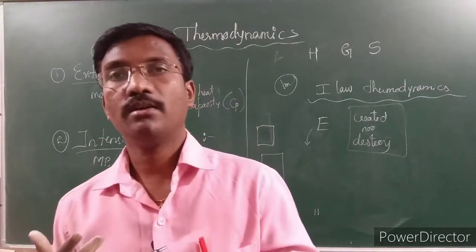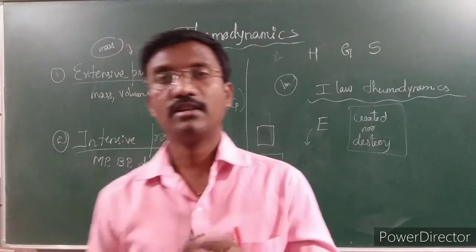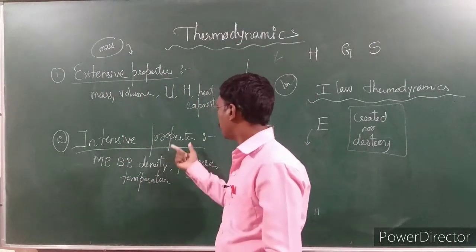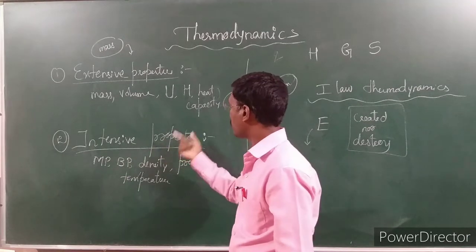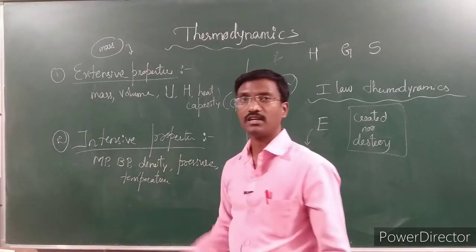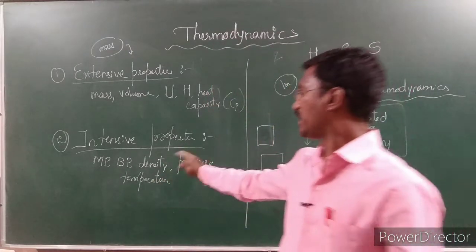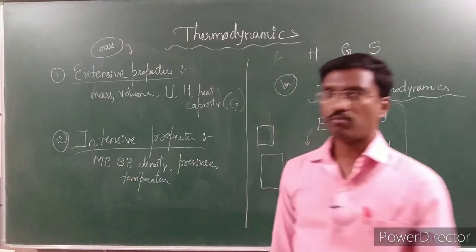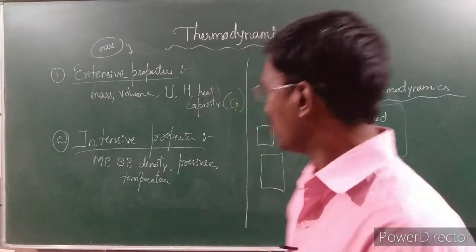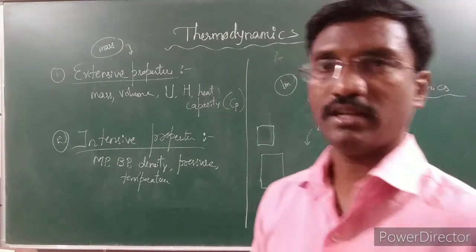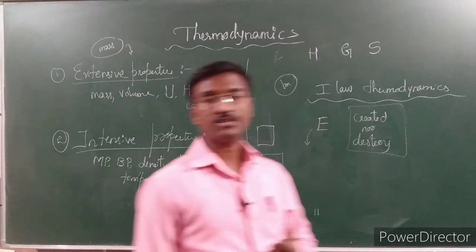The mass is not mandatory here. For that reason, it does not depend on the mass. An intensive property is a property which does not depend on the mass of the system. Such a property is called an intensive property. The examples are melting point, boiling point, density, pressure, temperature. These are called intensive properties.